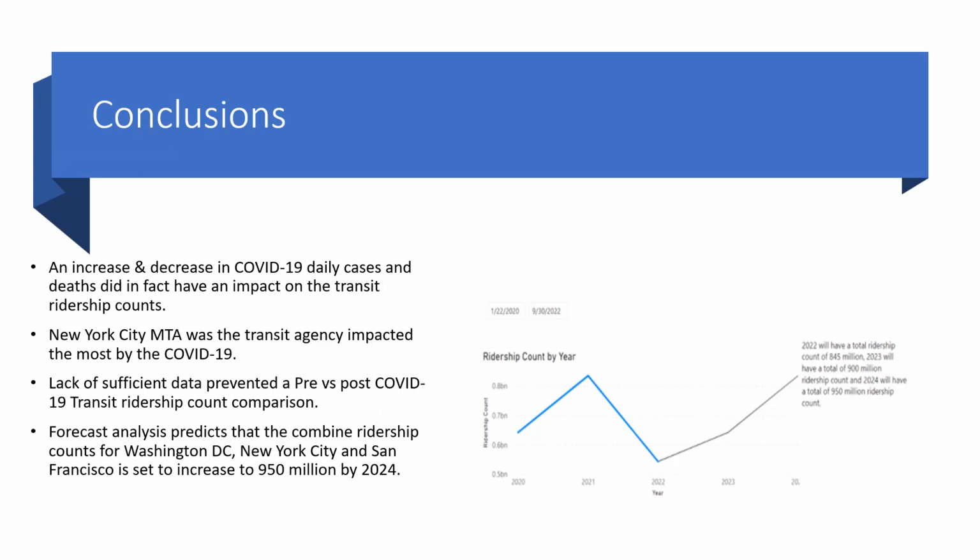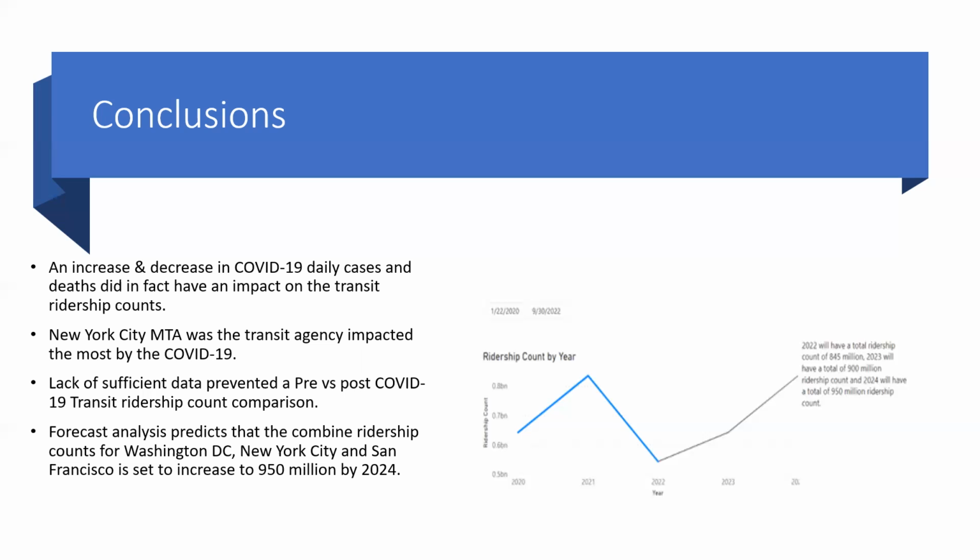And then one other issue I faced with my project was the fact that I did not have sufficient data to do a pre versus post COVID-19 transit ridership analysis. That was because the primary data set, which was a transit data set, only had data from between 2020 and 2022.